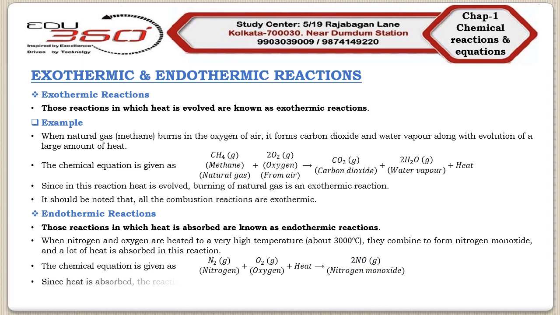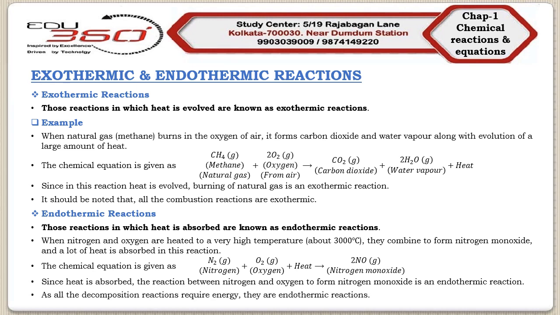Now this is an example of endothermic reaction because during the reaction between nitrogen and oxygen, heat is absorbed. Now in all the decomposition reactions we need to supply energy, so we can say that since all the decomposition reactions require energy, they are examples of endothermic reactions.